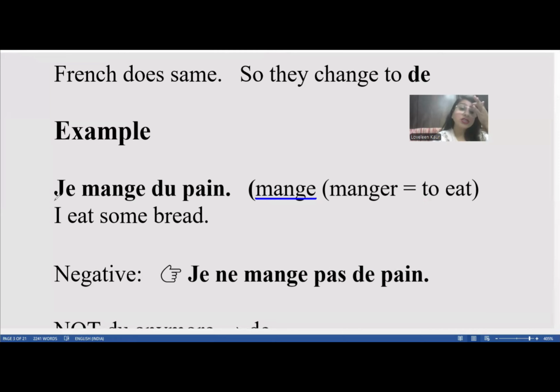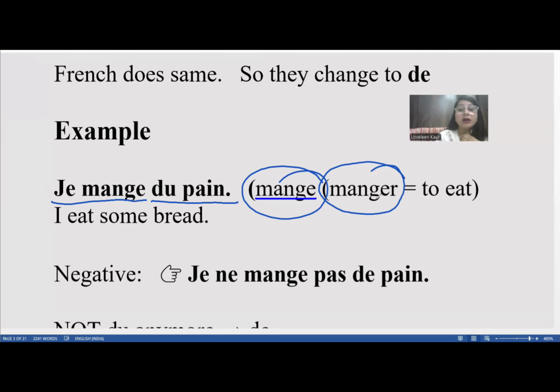Now, for example, if I say je mange du pain, now mange is what? Mange is a manger verb. It's again an er verb, or you can say a ger verb, meaning to eat, right? So je mange du pain means I eat some bread. Sometimes in French we do not translate it into some, but हाँ कोई भी चीज मैस्कुलिन है खाने की है तो उसके आगे हमें आर्टिकल पार्टिसिप लगाना ही पड़ता है.